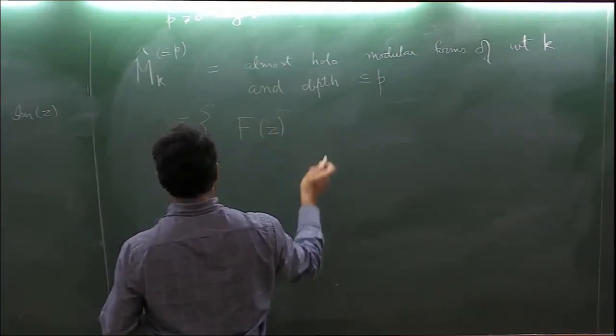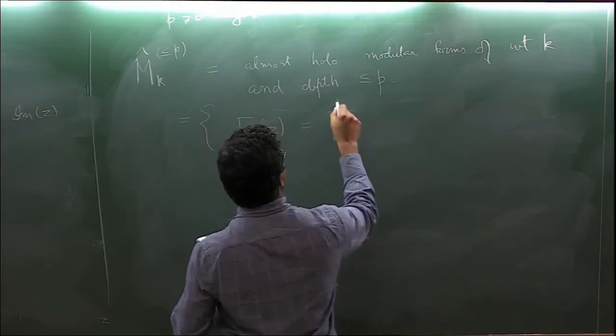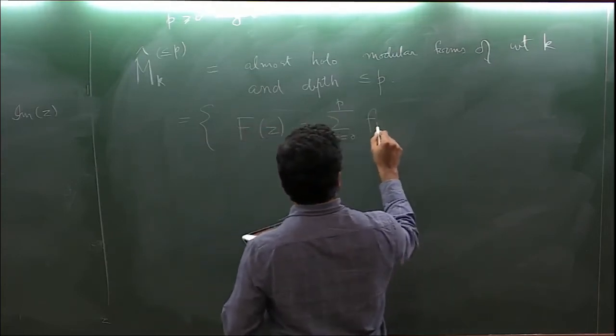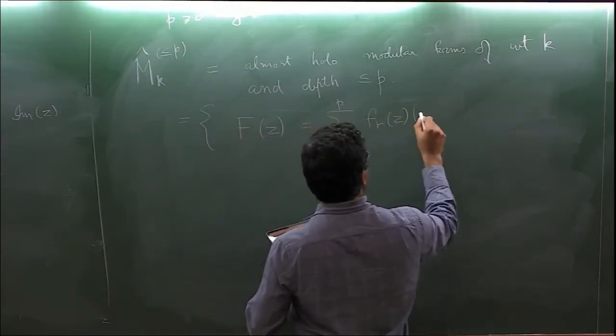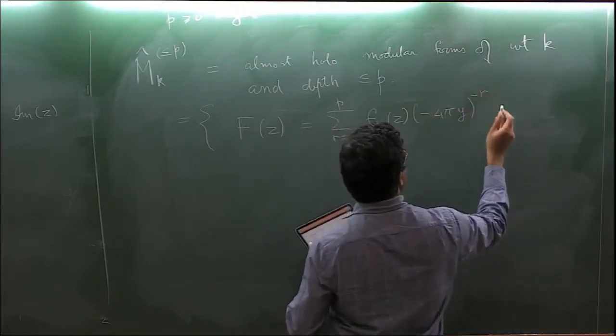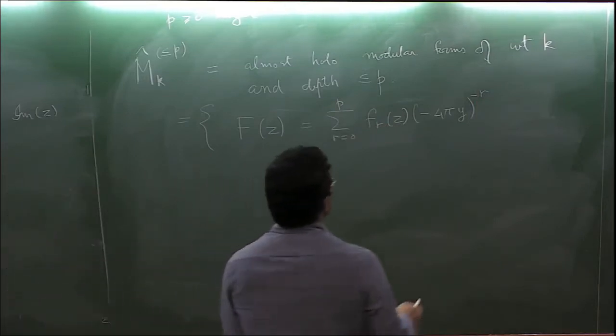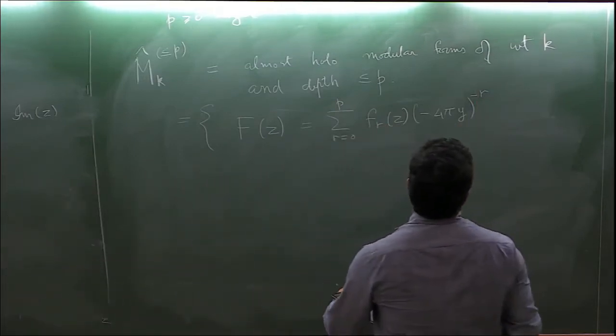all the functions on the upper half plane which are of the form sum over r going from 0 to p of f_r(z) (minus 4 pi y) to the minus r, where the 4 pi is just some normalizing factor.